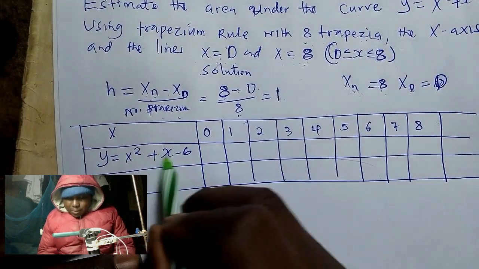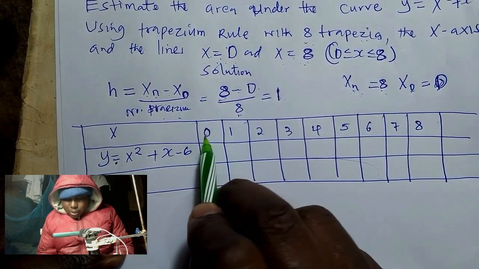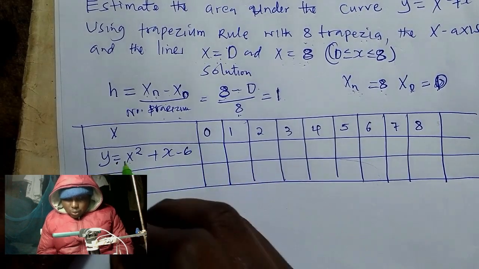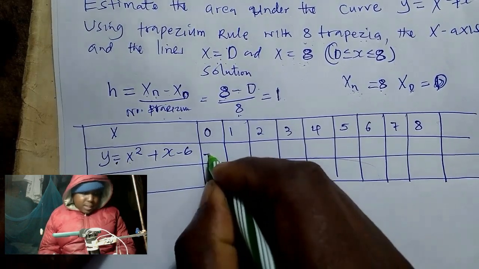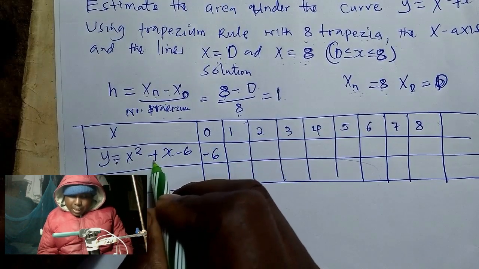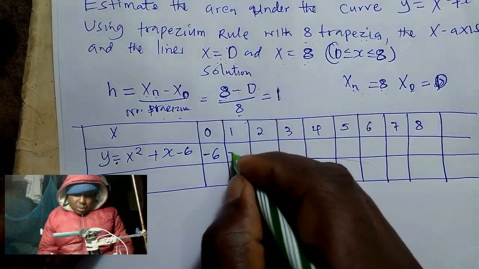Now we need to get the value of y. How do you get the value of y? You substitute. You take these numbers of x and substitute where you see x in y. So here we put 0, and the answer is going to be negative 6. You put 1 here: 1 squared plus 1 is 2, minus 6, it is going to be negative 4.